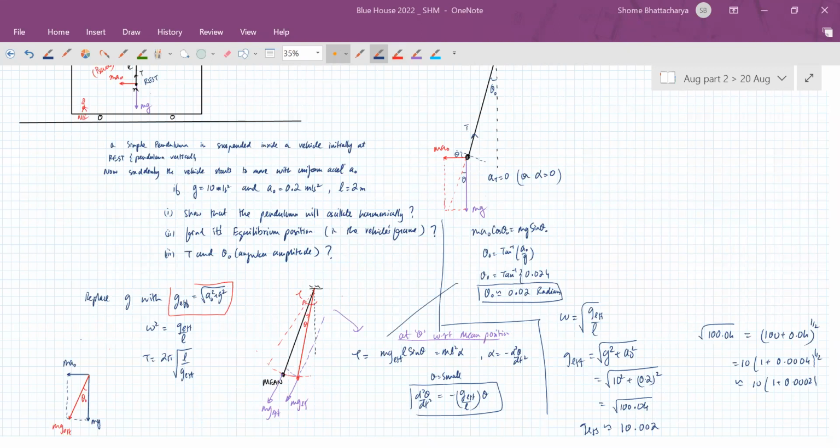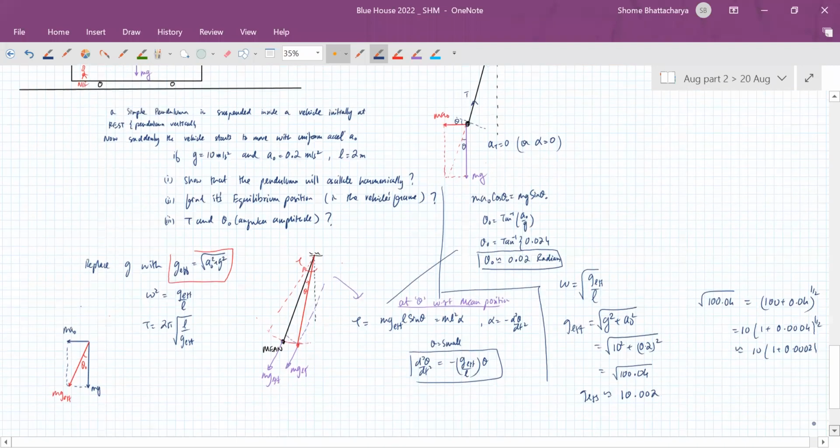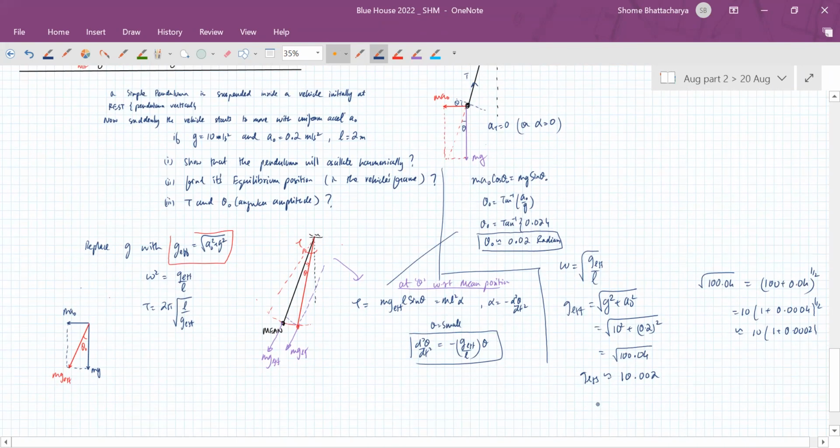Okay. So your G effective for all practical purposes is still 10 only. So your time period here is 2 pi under root L by G effective. Technically, it is this. You can take it approximately as much.